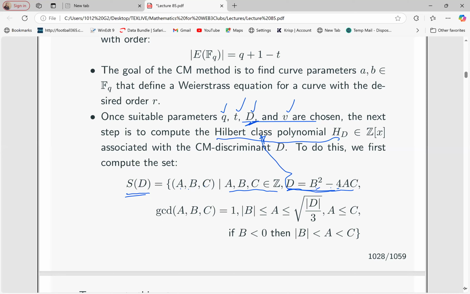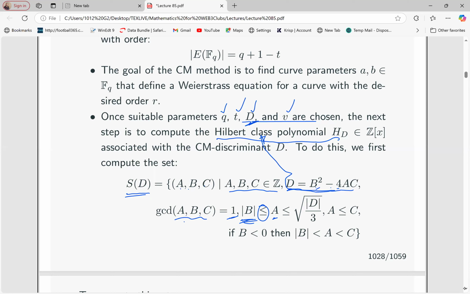And that is not the only condition. The other condition is that the GCD of these 3 numbers you're choosing must be 1. And now, what about B? I'm just saying that the magnitude of B should be less than or equal to A. So A should be greater than or equal to B, that's what it means.